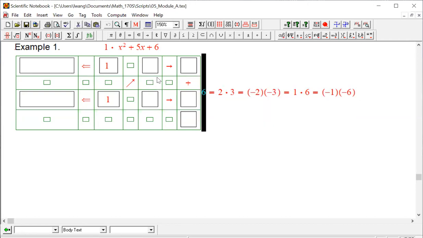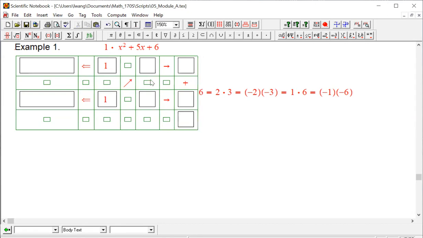For 1, of course, 1 can be written as 1 times 1 or -1 times -1 as well.